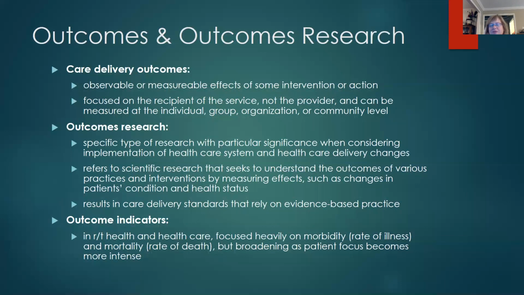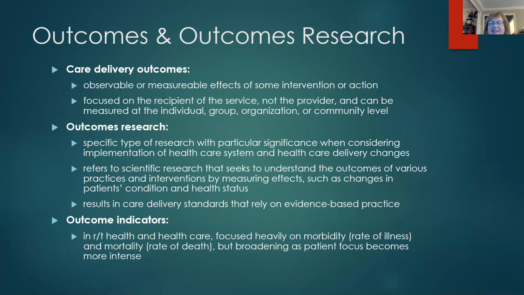It refers to research that is scientific and tries to look at the various practices we're involved in and the various interventions, and then measuring the effects of those interventions, right? So how does a patient's health status change when we engage in community-based diabetes care programs, things like that.